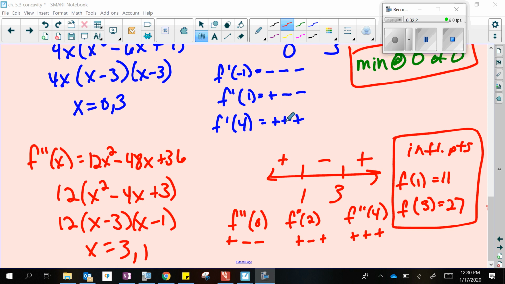Yep. Wait, I didn't get the positive graph. On the left? Yeah. Did you get 1 and 3? Yeah, I got 1. Did you, on which one? And then, oh, but on 3, you got positive.